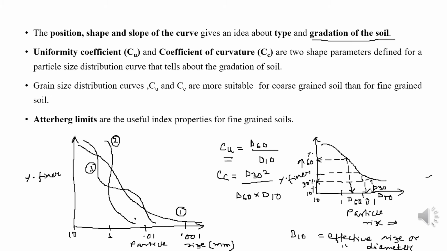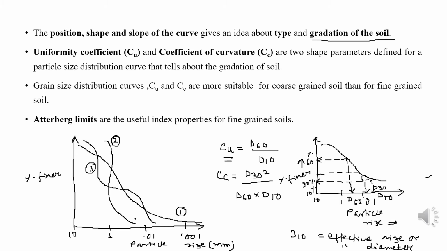So if we observe graph 1 or curve 1, we can say that the soil sample is well graded. That means it has a good representation of particles of all sizes. That is, we see the graph is well spread over all the area, representing particle sizes from coarse to fine.